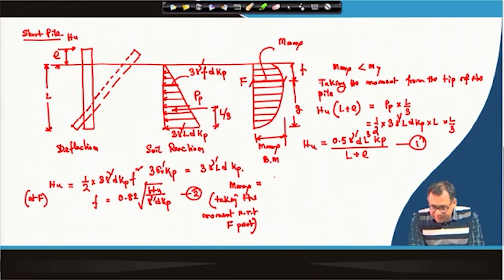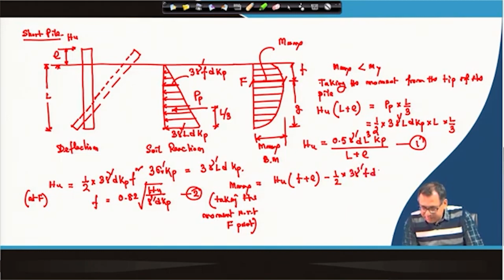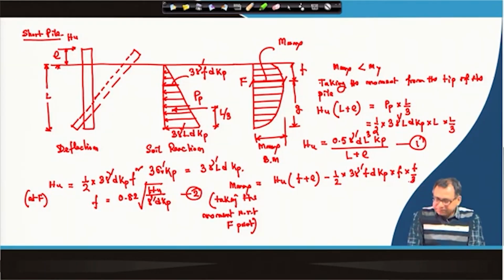So, this will be H u into F plus E, then the counter moment is half into 3 gamma dash F d K p into F, this is the force, and then F divided by 3.